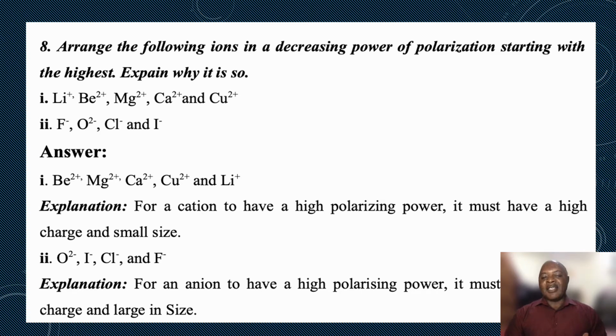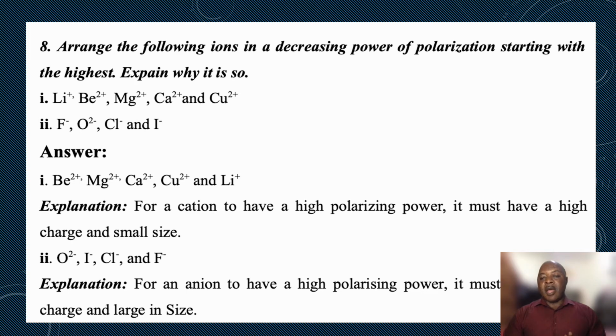In terms of size, beryllium is the smallest, followed by magnesium, calcium, and copper. The last one is lithium. It has a very small size, but it also has a very small charge. That is how the answer comes. Then with anions, we will start with the one that has a high charge and a big size.